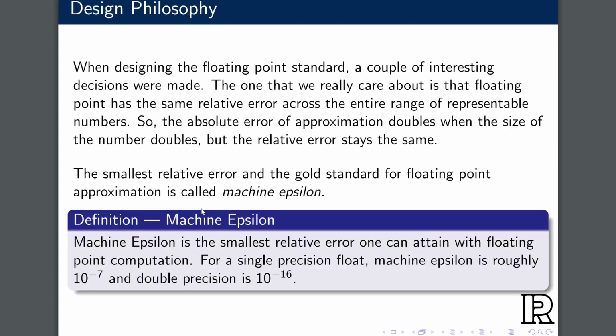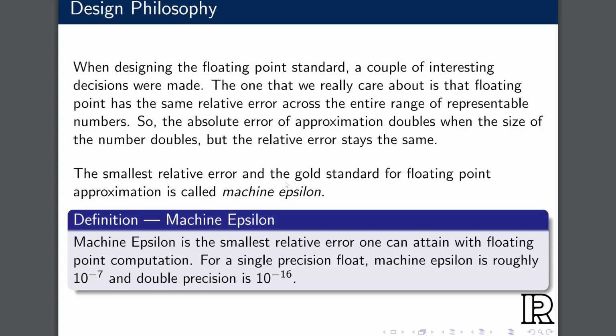So again, when the floating point standard was designed, it was chosen that floating point numbers would approximate real numbers with the same relative error across its entire range. So there is a biggest possible floating point number that you can approximate and a smallest possible floating point number you can approximate. But across that entire range of what we call representable numbers, the relative error is essentially the same.